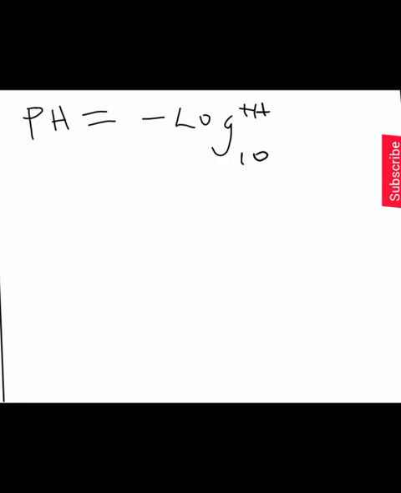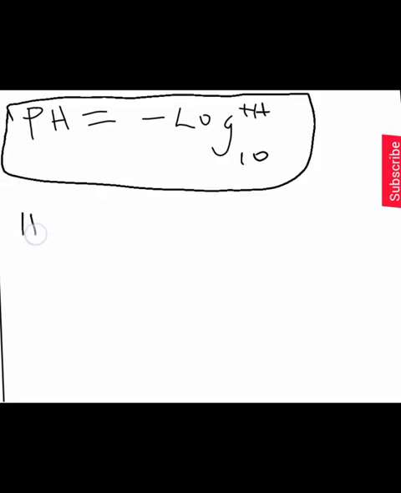This is the formula for calculating pH. This hydrogen ion here is the molar concentration of hydrogen ion in that substance, which is in mole per dm cube.